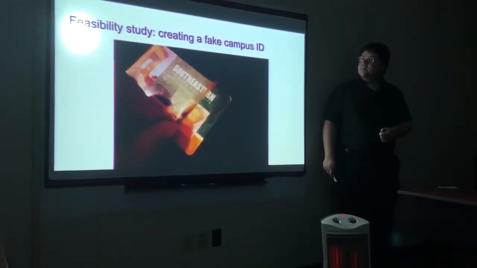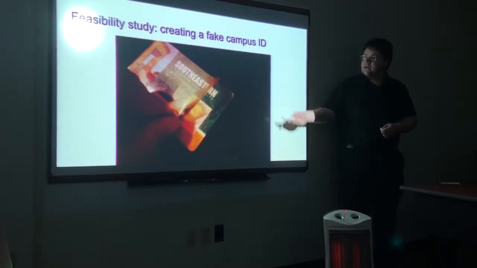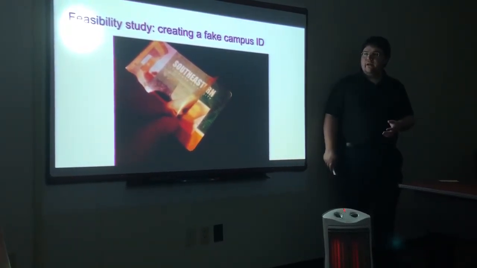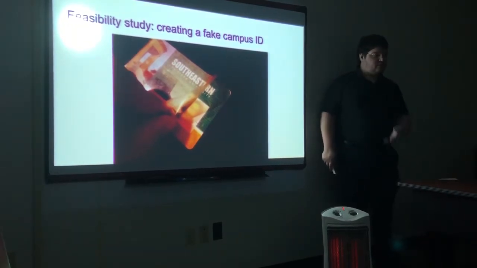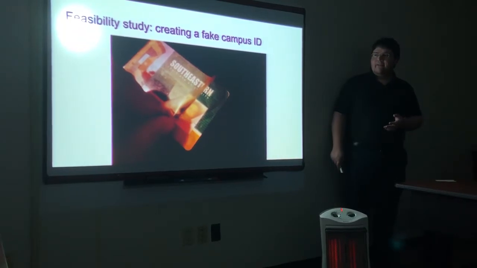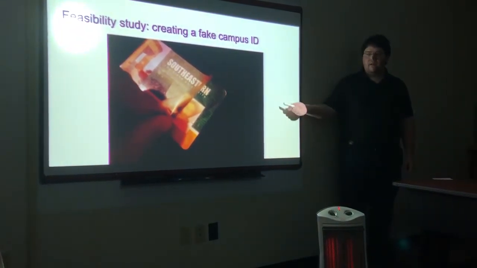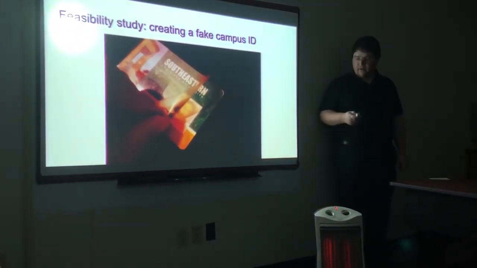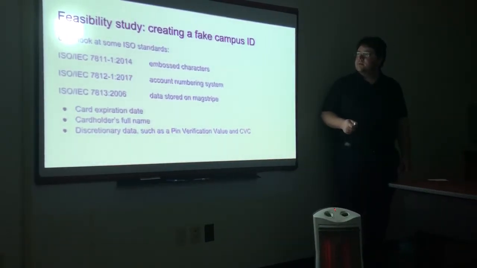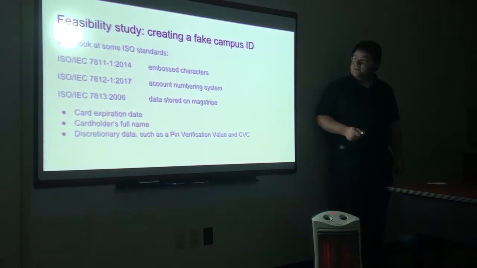So the idea here would be to say, all right, what's the barrier to entry for a bad guy actually going out and making a huge fraudulent purchase? And the answer is anybody could do it if they have the knowledge and about $1,000 to buy an ID printer.